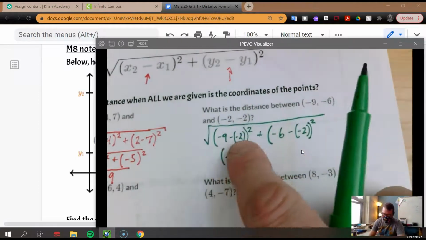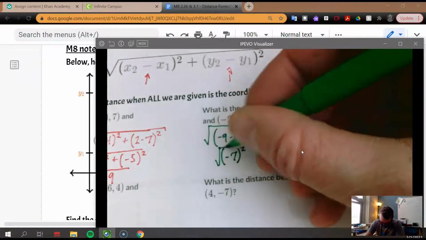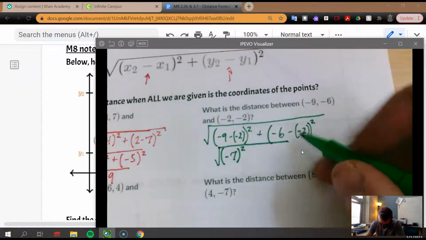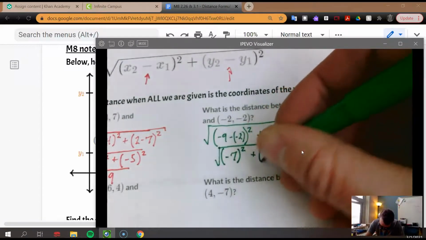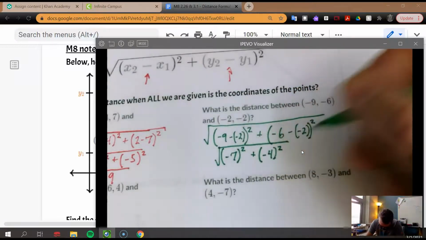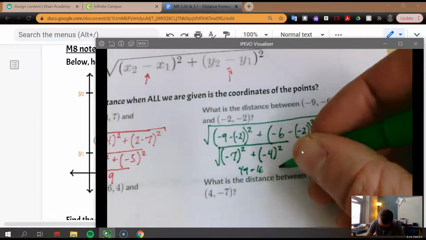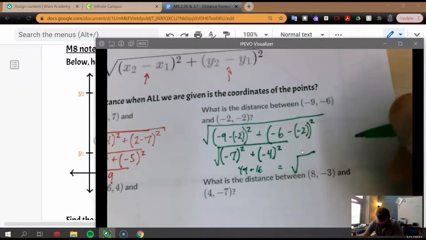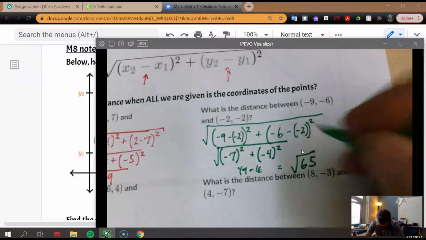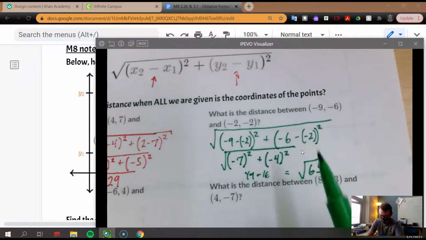So if I did these in the other order, I would have gotten +7. -6 plus 2. -4. 49, 16. -6 minus -2.